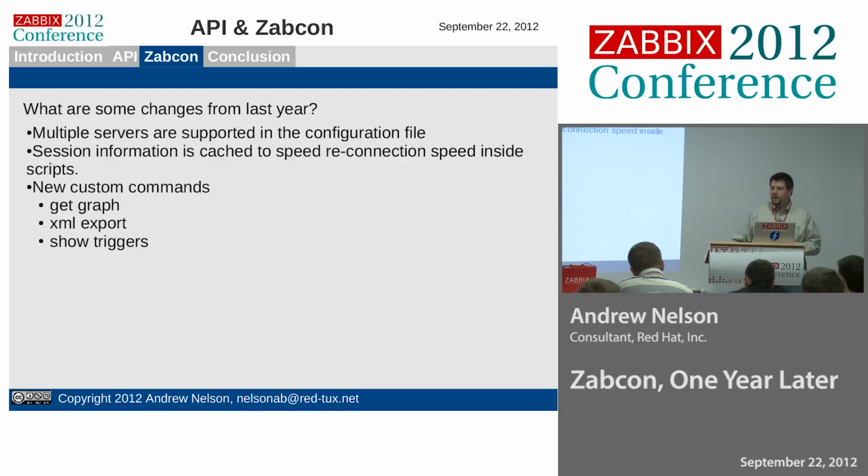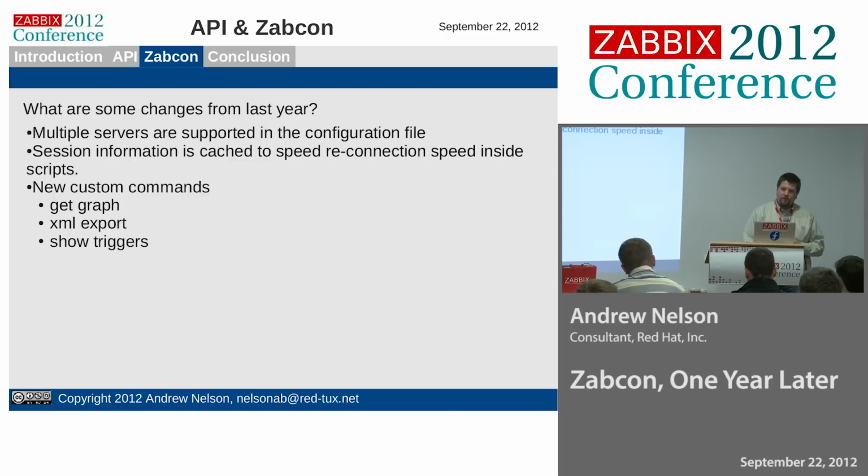Then there's XML exporting to a file from the command line. Someone was talking about doing DR backups and things like that, so one useful thing here was doing an XML export to a text file from the command line. The next step was hopefully to get XML import working in 1.8 at least.